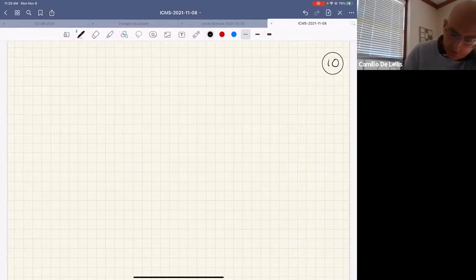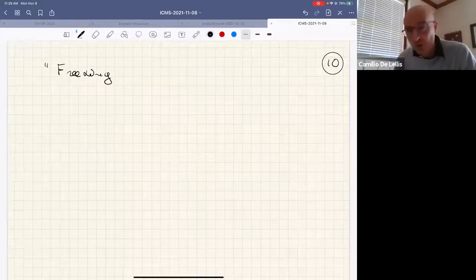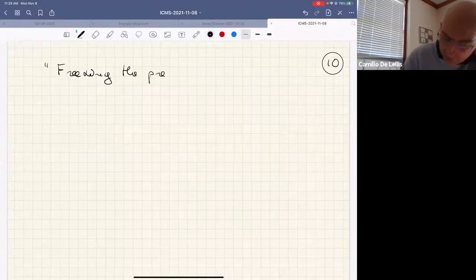So the first step that Laszlo was presenting in his lecture here at the institute. So this is what he called freezing the coefficients. Let me actually call it freezing the previous map.